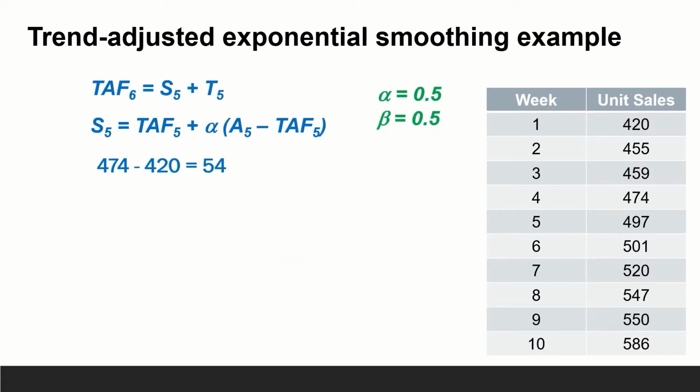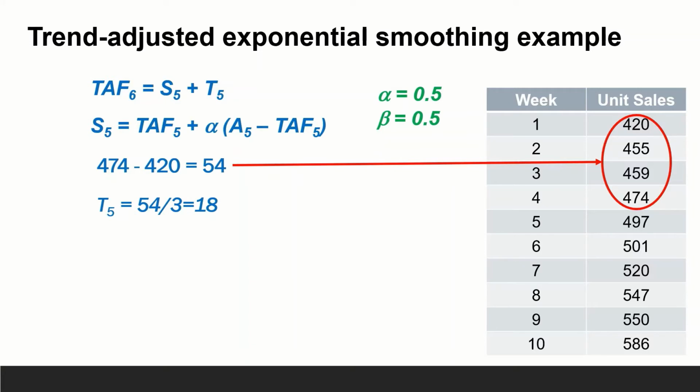A net change of 54 for the three changes from period 1 to period 4, for an average of 18, is the initial estimate of trend. Thus, T5 equals 18. Notice that an initial estimate of trend is estimated from the first four values and that the starting forecast, TAF5, is developed using the previous actual sales, A4, value of 474 plus the initial trend estimate.